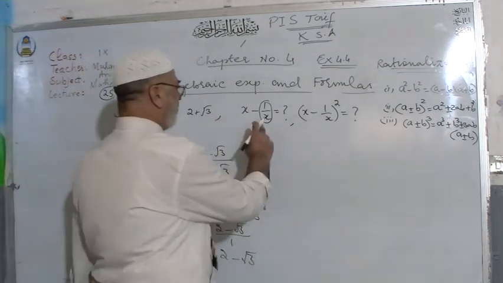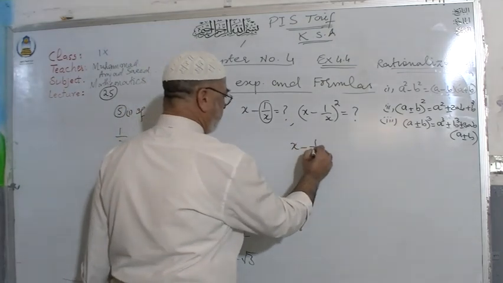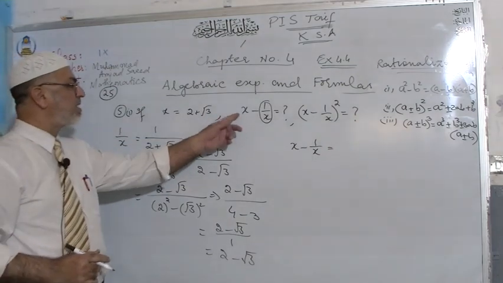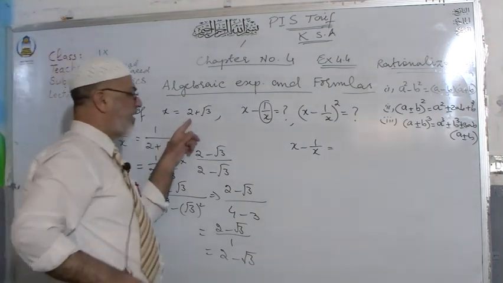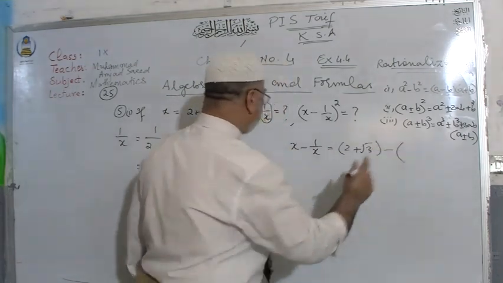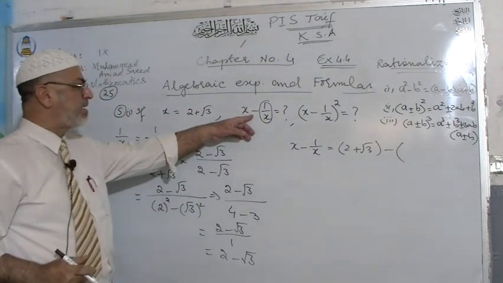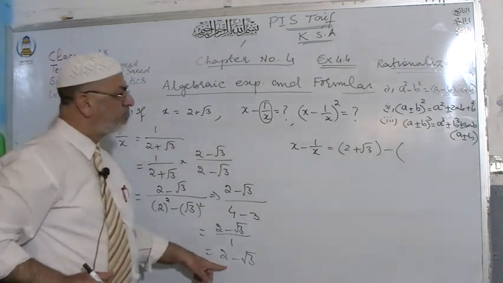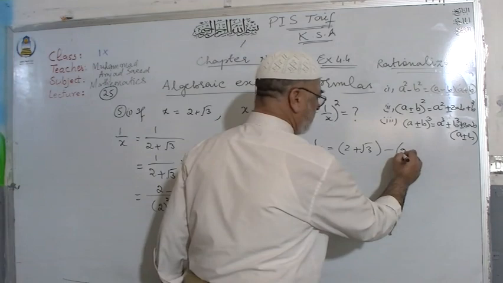Now we have to find the value of x minus 1 over x. X minus 1 over x means, first of all, you will apply the value of x from here: 2 plus root 3 minus, and remember that there is a negative sign in the center. So write down the expression inside the bracket.